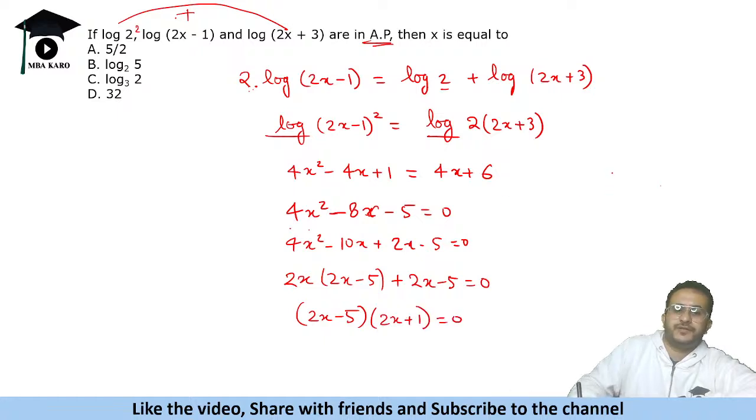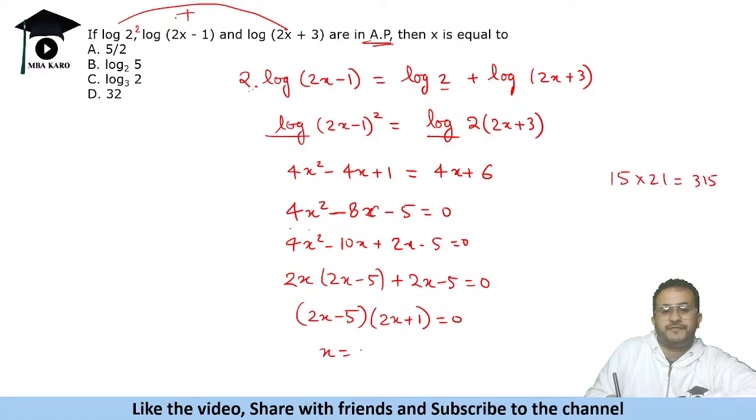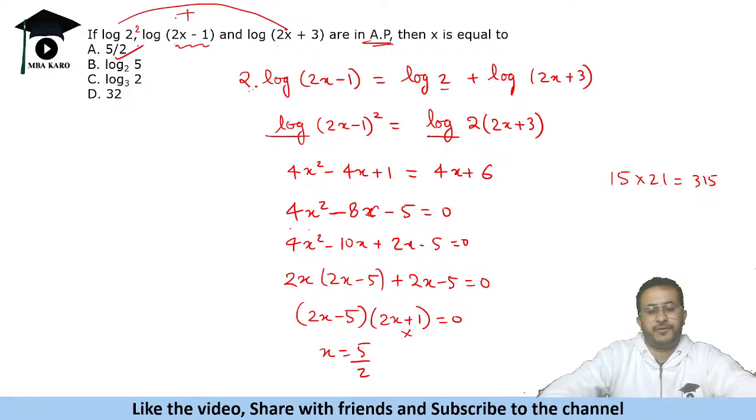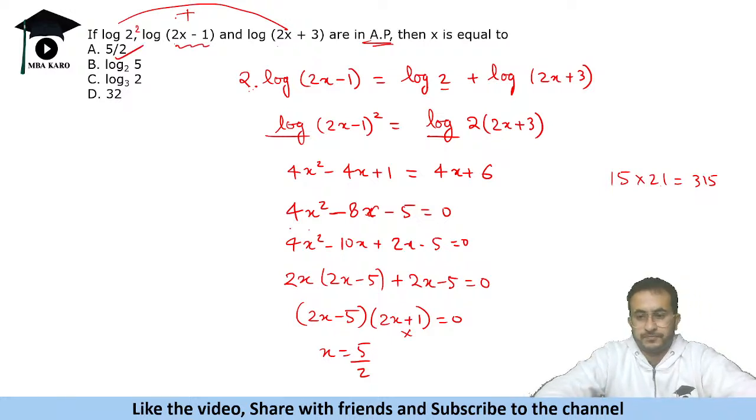Achha, so this 15 into 21 is also 315. That works this way. Okay, so x is 5 by 2. Among this is negative is not possible because like if we take minus 1 by 2, it is 2. This becomes negative. So ये negative नहीं हो सकता. इसलिए we will reject this case. Take x as 5 by 2. Okay.